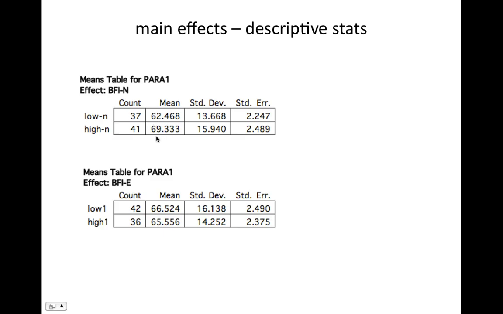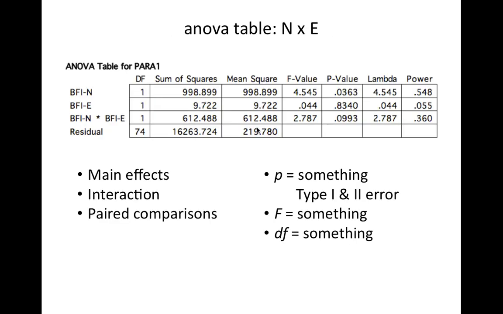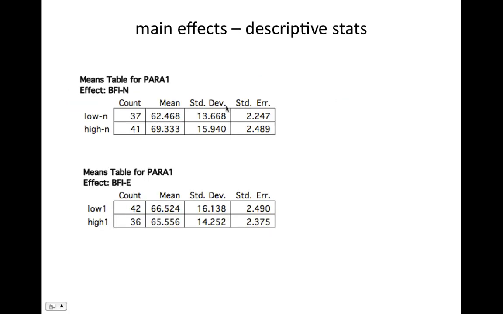The mean paranormal belief score for stable personality people was 62, and the mean paranormal belief score for people who were neurotic is 69. And we can see in the previous slide that was reliable at 0.03. So this difference between 62 and 69 is reliable, and we can see that people who are neurotic score higher on paranormal beliefs than people who have a more stable personality.